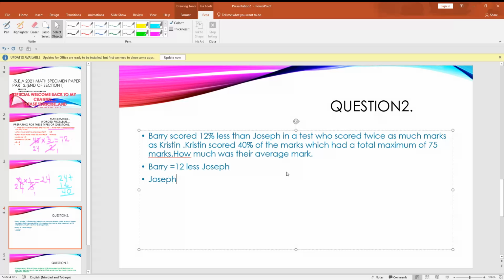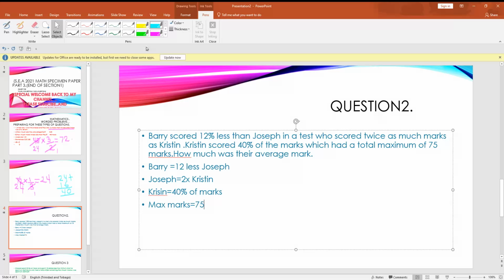Then we say Joseph equals 2 times Kristen, and then Kristen is equal to 40% of the marks. The maximum marks for the test is equal to 75 marks.